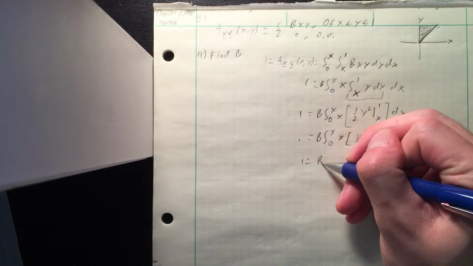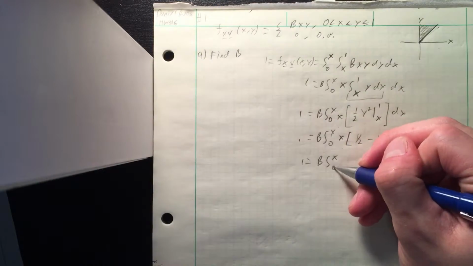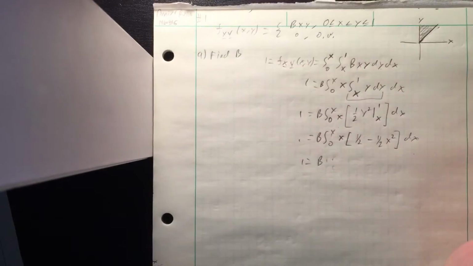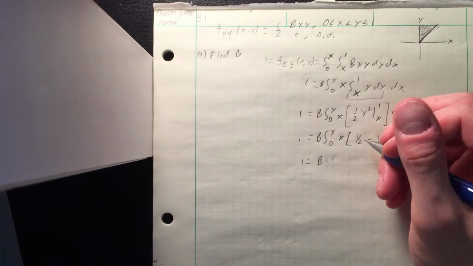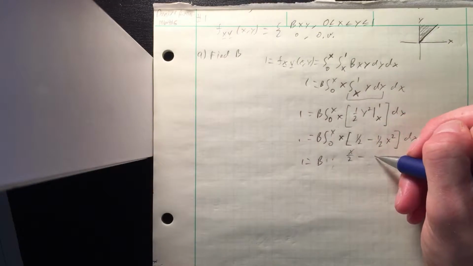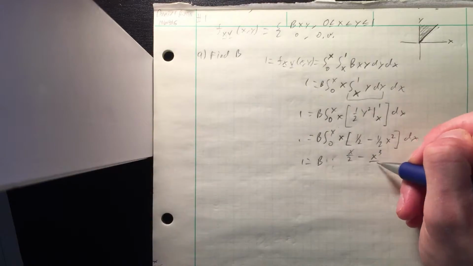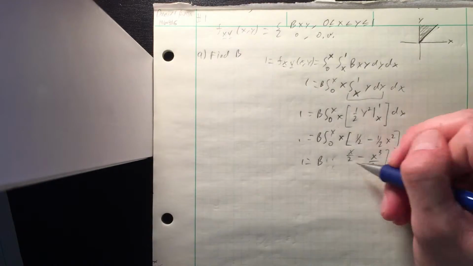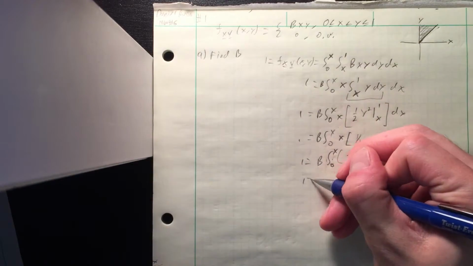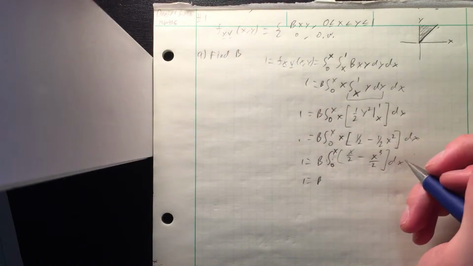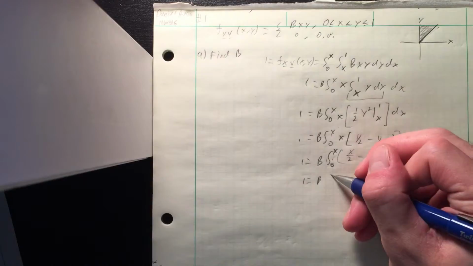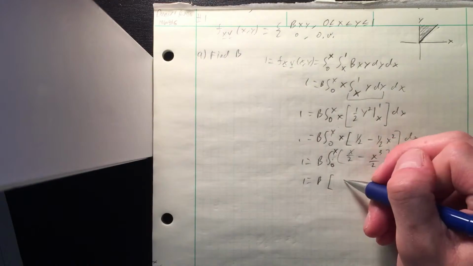1 is equal to b times the integral from 0 to 1. Let's distribute this: x over 2 minus x cubed over 2 dx. So we'll do the integration here in one go.